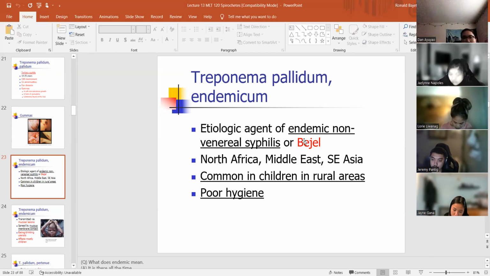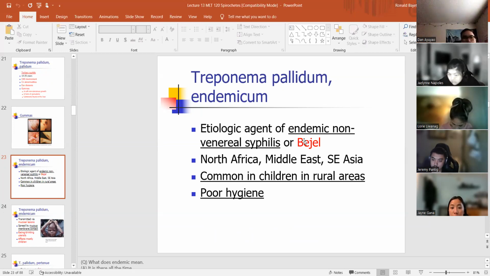If I ask for what is the etiological agent that causes the disease bejel, the etiologic agent would be Treponema pallidum endemicum. Okay, so just wanted to make sure, there's a little confusion on the homework as to what I meant when I asked for what the etiologic agent is.